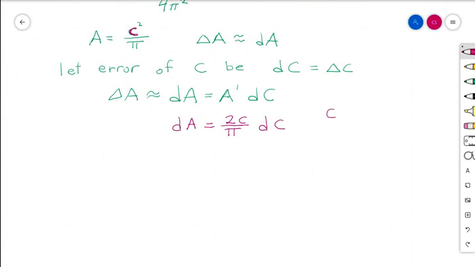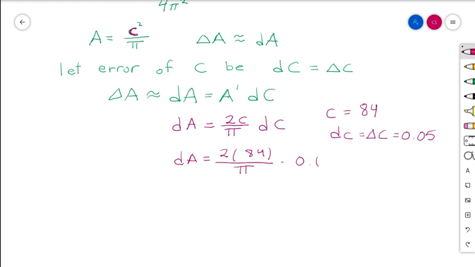C is given in the problem as 84 centimeters, and delta C is 0.05. So that takes care of the C and delta C. So now it's going to be 2 times 0.05 over pi. Oh, goodness gracious, that's not right. 84 times 0.05.